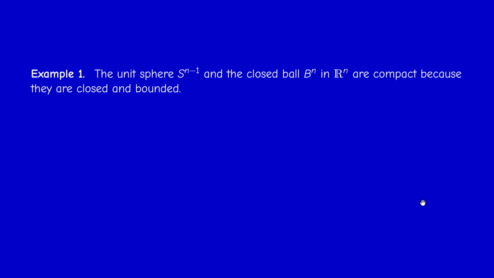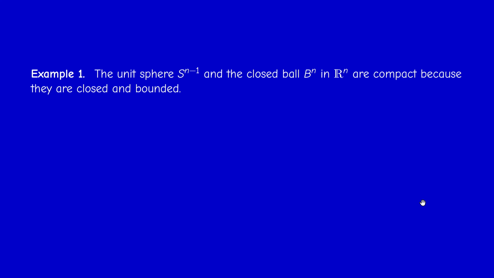And the closed ball B^n is just the set of points whose sum of the squares is less or equal than 1. Here we can take, for example, the Euclidean distance. So these two sets are bounded, of course, and they are closed, as you know. There are several ways to prove they are closed. We proved that a closed ball is a closed set.